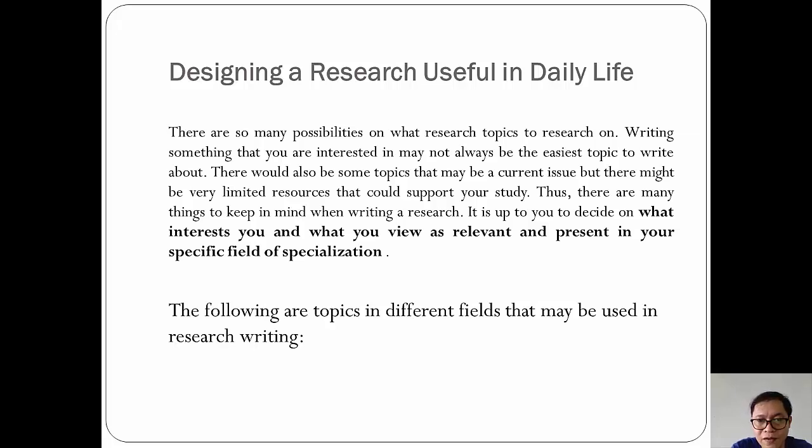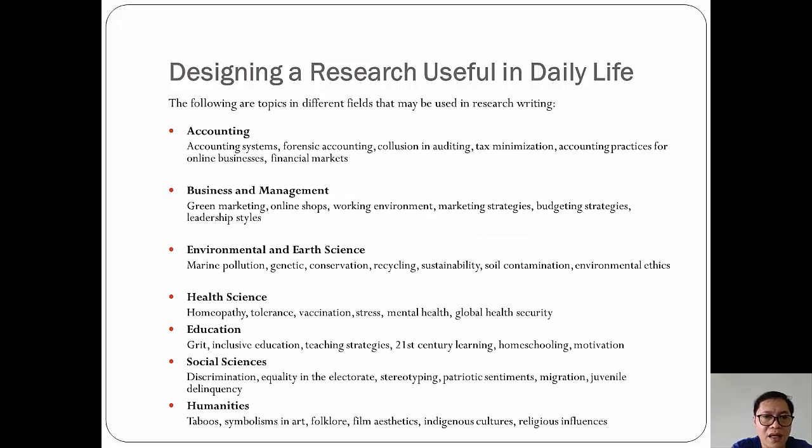Okay? So there are the following topics in different fields that may be used in research writing. Accounting, business and management, environmental and earth science, health science, education, social science, and humanities. In accounting, accounting system, forensic accounting, inclusion of auditing, tax minimization, accounting practices for online business, financial markets, and so on and so forth.